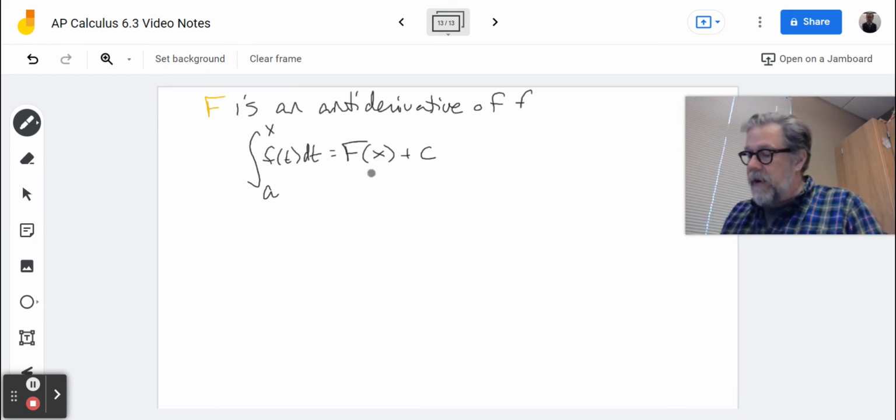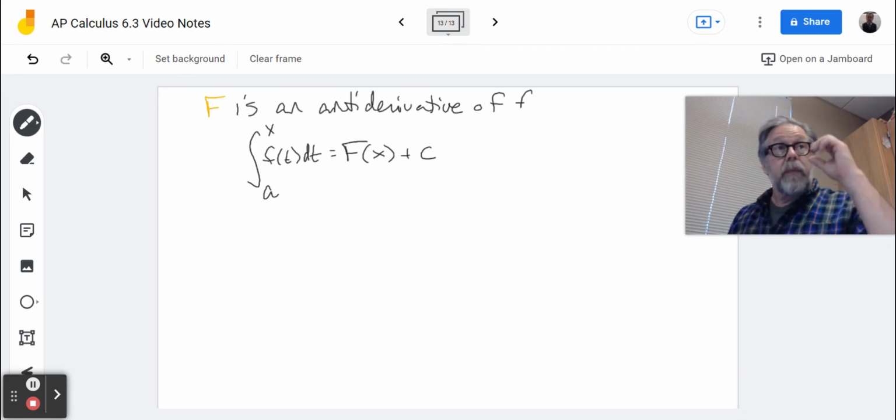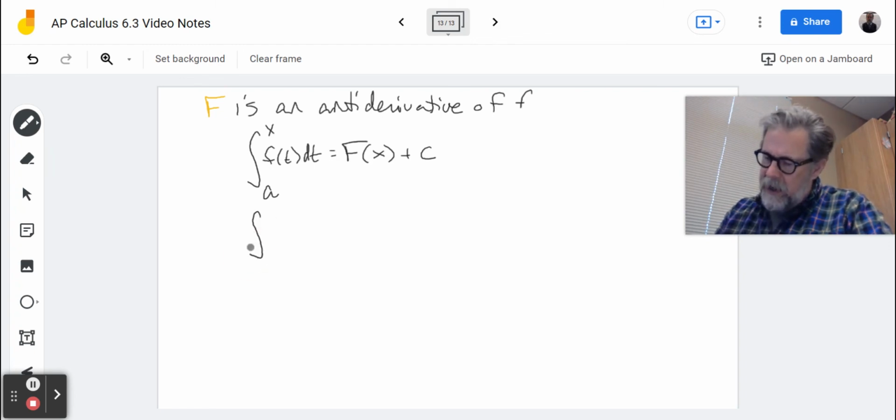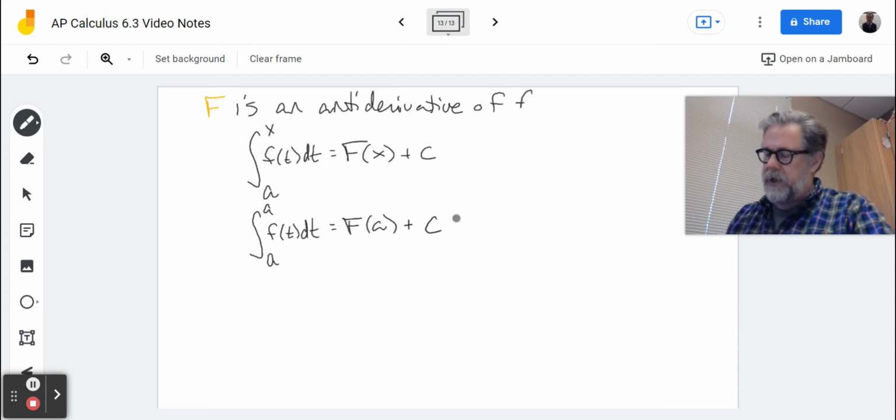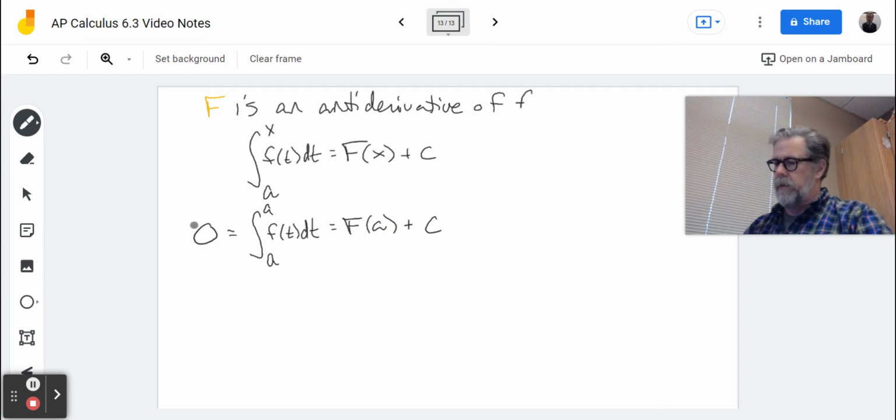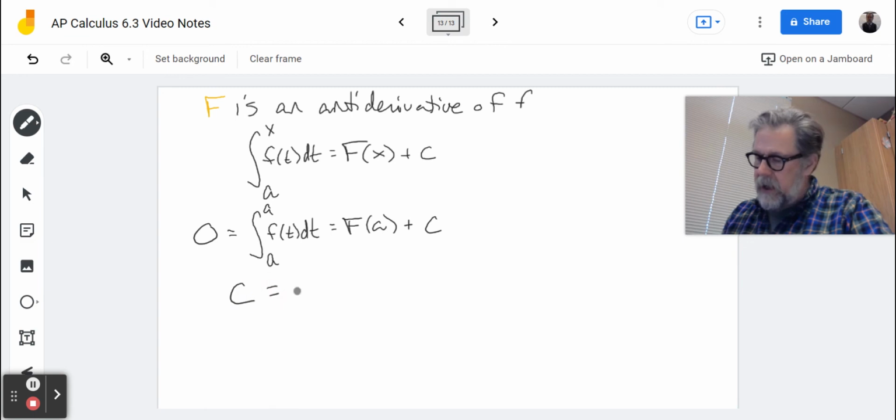When I take the derivative of F plus a constant, well, the derivative of the constant is 0, and I get the derivative of F. So let's do a little mathematical trickery. Let's talk about the integral from a to a of f of t dt is equal to F of a plus a constant. But I know that this is equal to 0. And what that tells us is that my constant is equal to the negative of F of a.